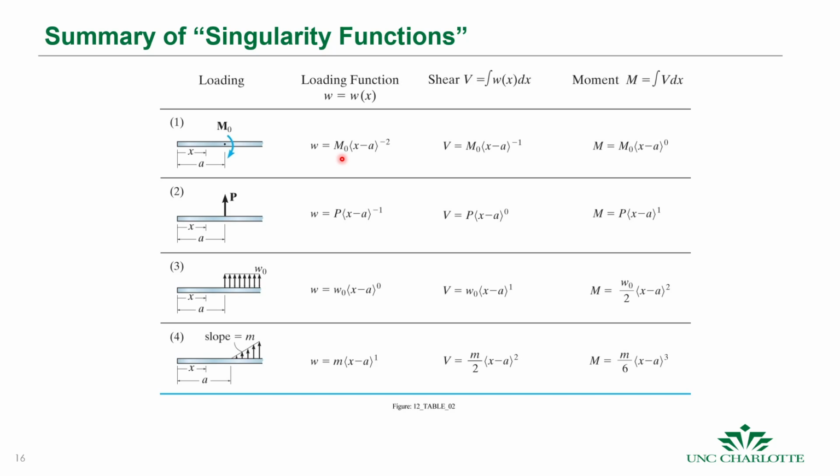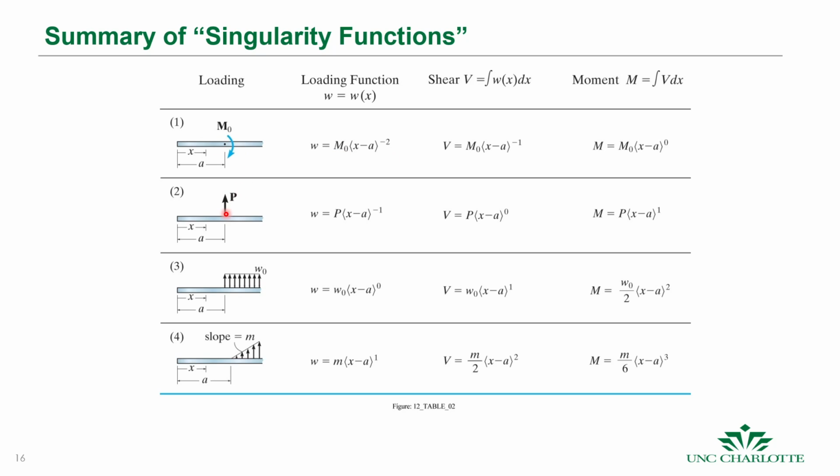And the beauty of this is that we can take the integral of the loading function to find the shear, and then the integral of the shear to find the moment. You can see what happens here to these exponents. We're just going from -2 to -1 to 0, and we've represented all those loading functions for this case.